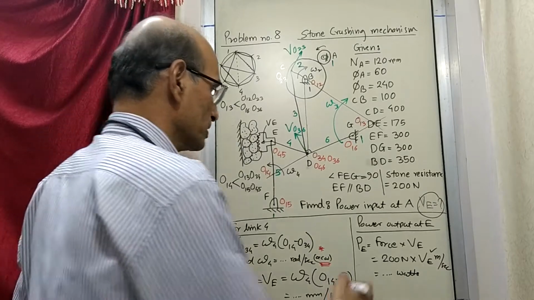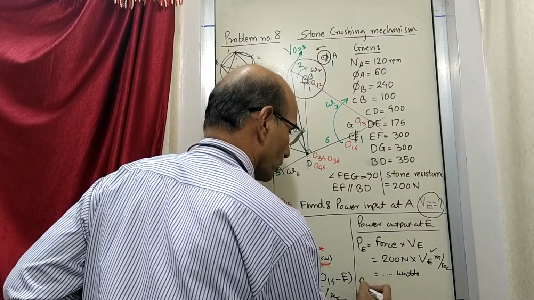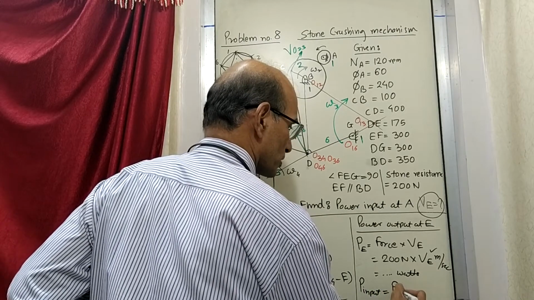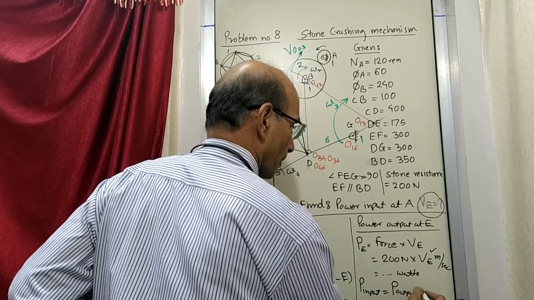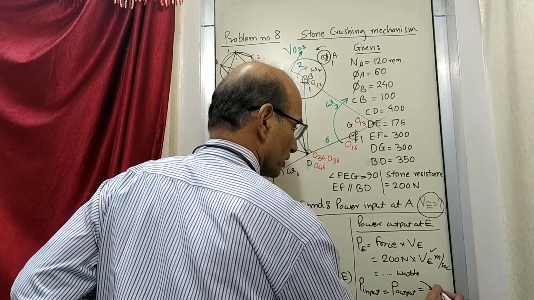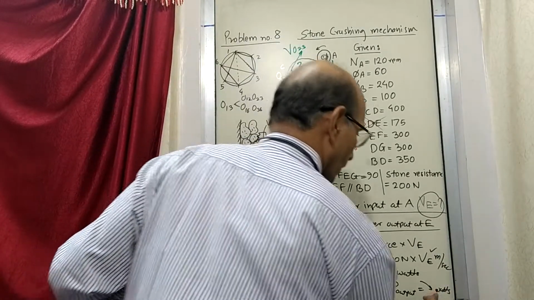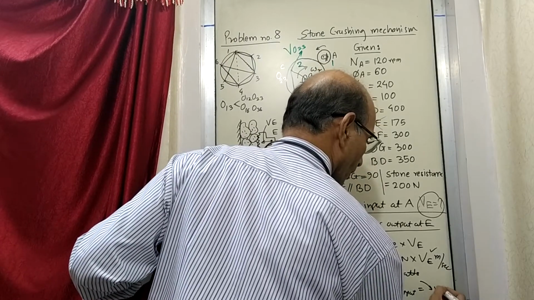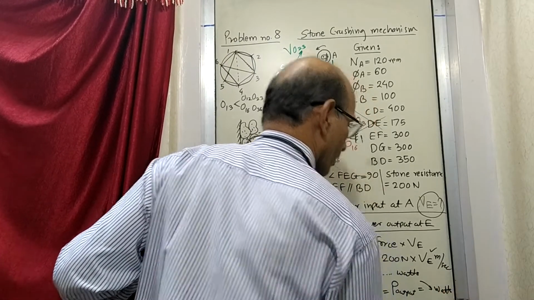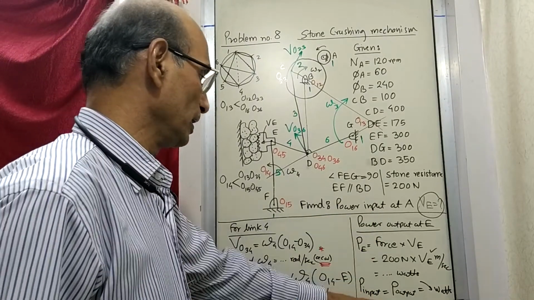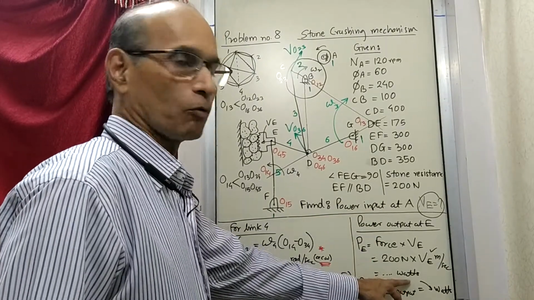And after you find this, now you can say power input. Power input is the same as power output, equal to the same answer in watts. So the power input at A is equal to the power output answer you got here.